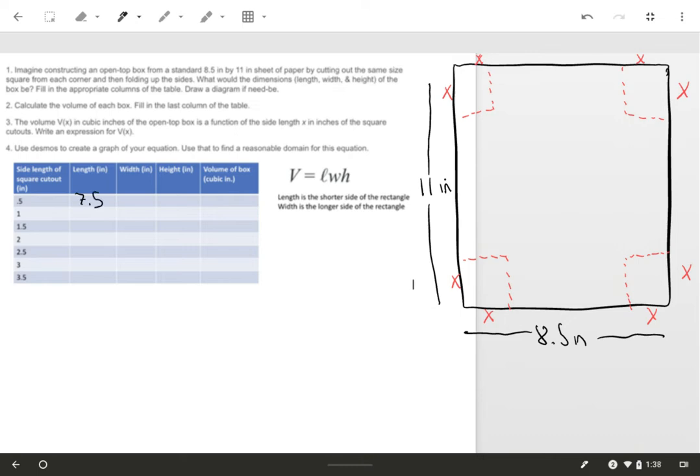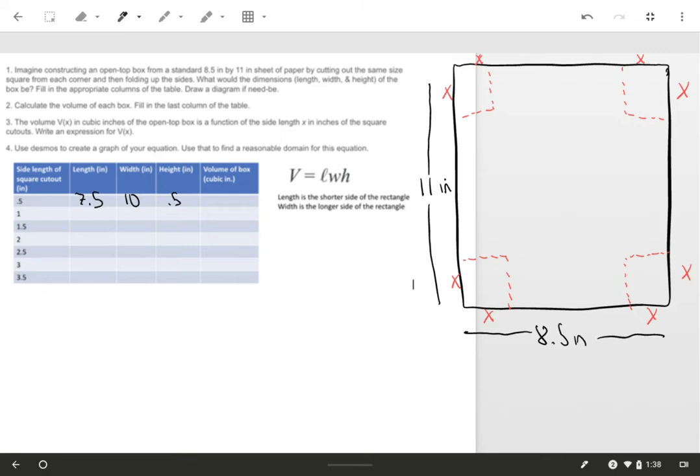For the width, if I take off a 1/2 inch here and a 1/2 inch here, that's going to bring me down to 10 inches. And then think about it. If I fold it up to create a box, that height is simply going to be a 1/2 an inch.